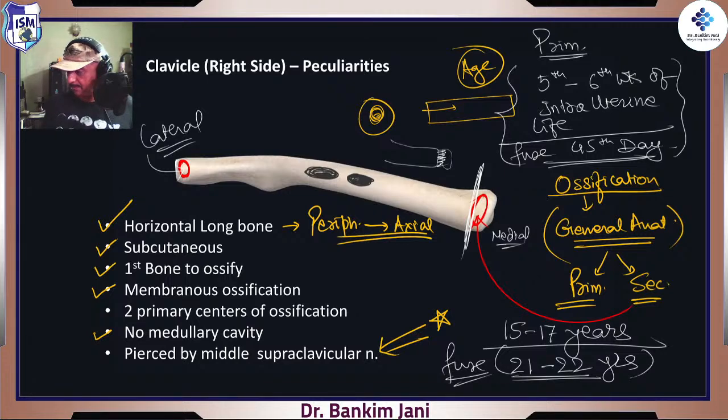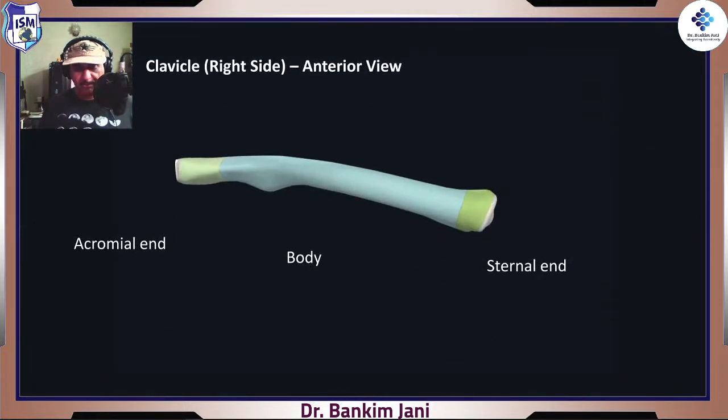All right. Now let's see the bone from different perspectives, right? This will make things much more interesting. Say when you are writing some report, you just can't say, okay, the clavicle has this end and that end.